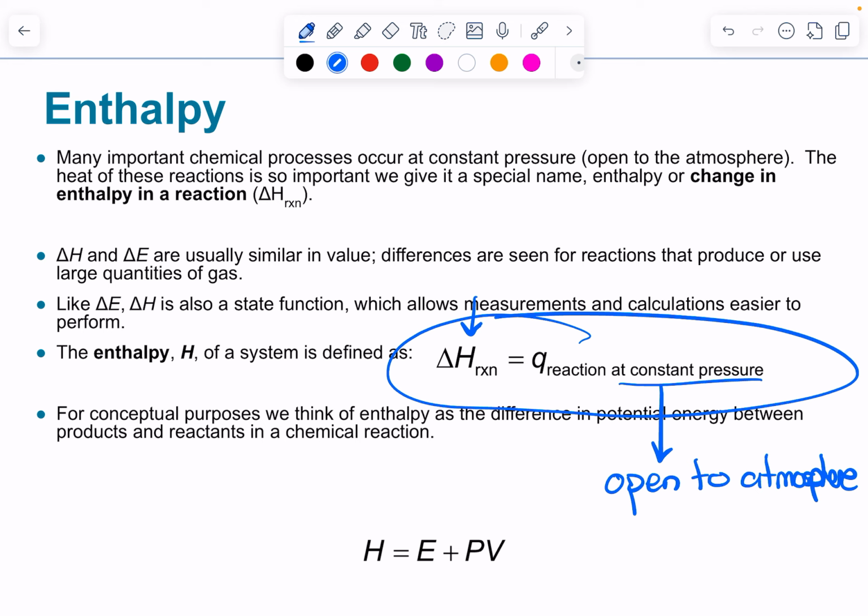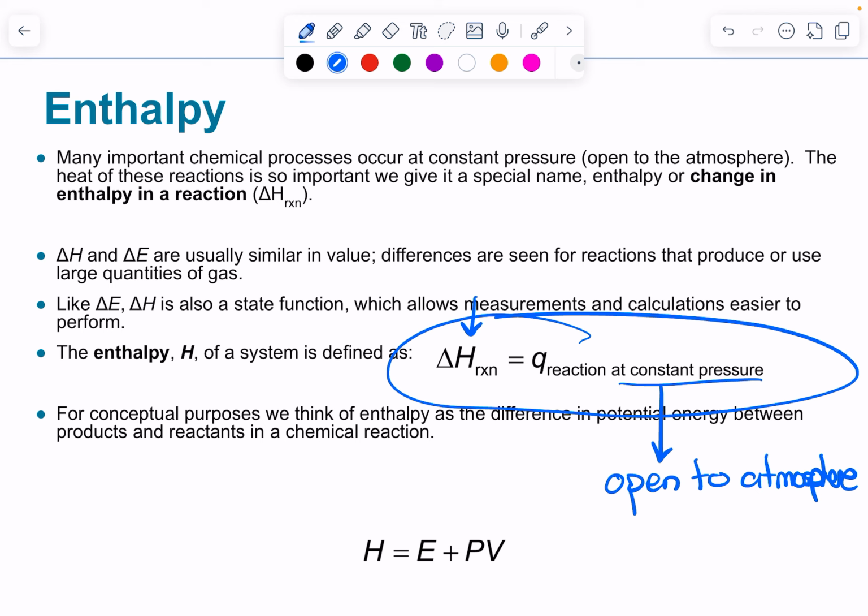So like when you have a chemical plant, they're going to be performing reactions inside of a closed container that's like a very rigid, hard container that keeps the volume constant. And as a result of that, any gases that are produced are going to change the pressure in that container. And so that would not be at constant pressure. So they generally are not looking at enthalpy values in those instances because it's not applicable there.